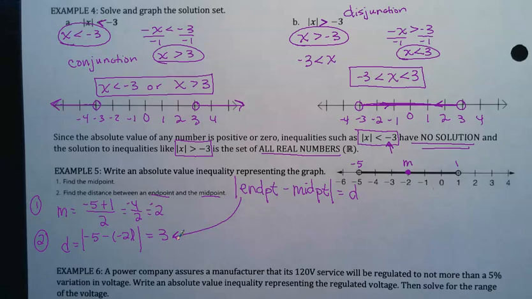We're going to change it to an inequality, is x minus m inside our absolute values, okay, equals d. Okay, so here we're going to have the absolute value of x minus our midpoint, which is -2, equals our distance, which is 3.